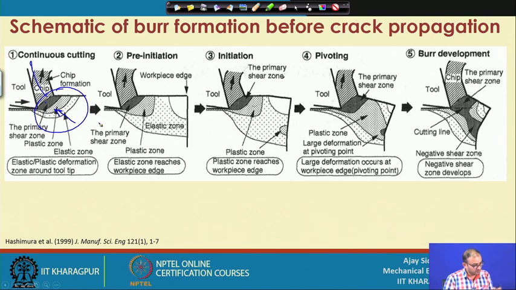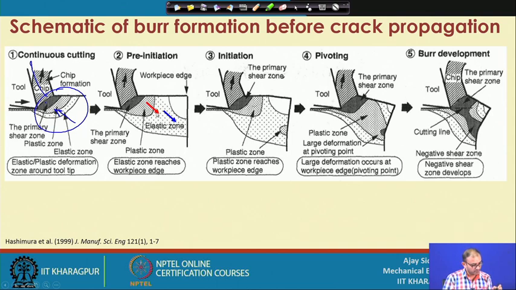So, when you continue in this particular direction, the plastic zone and elastic zone will try to propagate. Now, this is the end edge of the workpiece, because we know that mostly burrs are formed on the top surface or the edge of the workpiece.